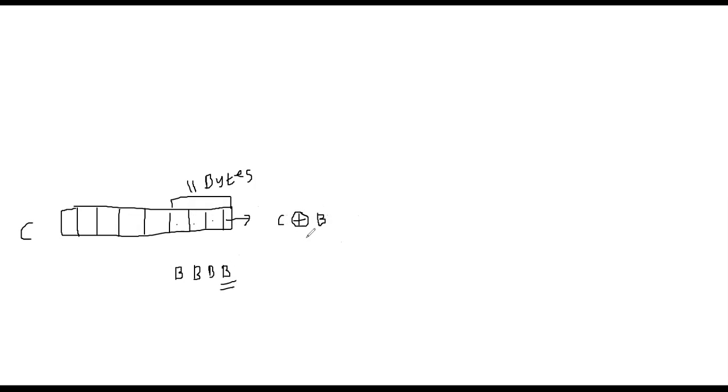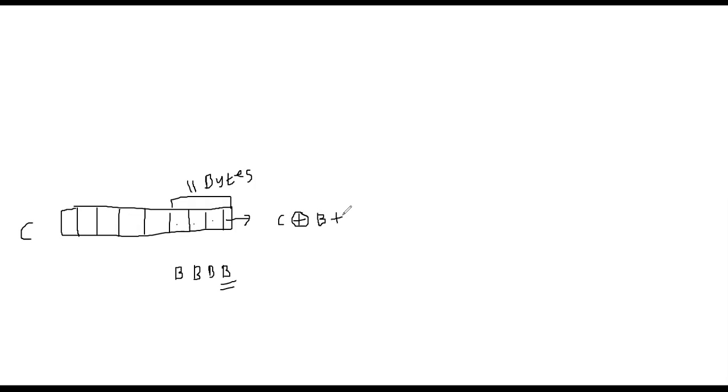Why are we doing that? Remember how counter mode works. It takes the ciphertext and XORs it with the key stream, and we know decryption of this is going to result in just B, right? Now the B and B will cancel out because of the way XOR works.